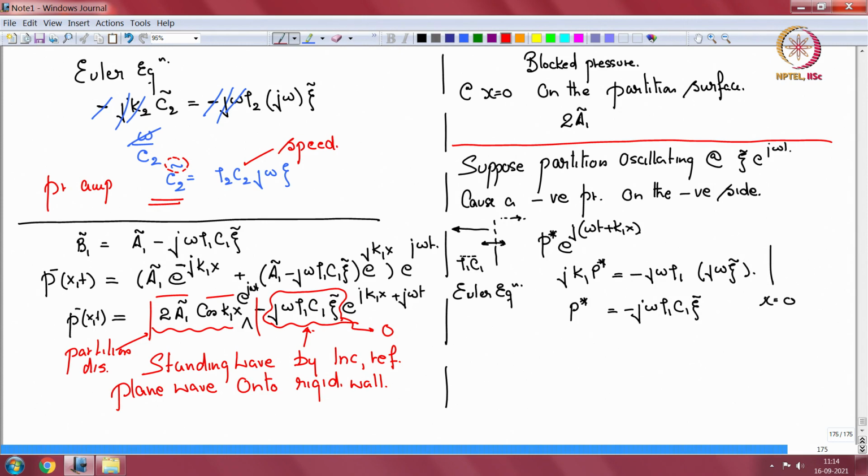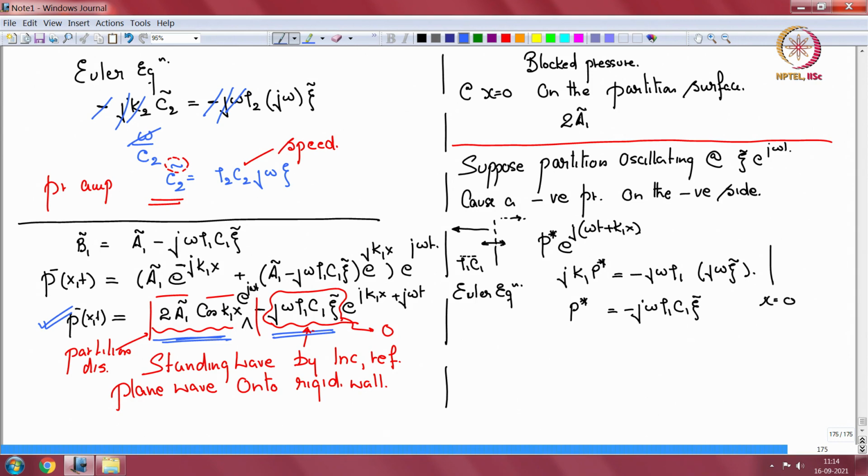So this expression, now it's worth looking at. This expression P minus involves a pressure term which is the blocked pressure, which can be set due to the rigidness of the partition. On top of it there is a pressure moving leftward due to the oscillation of the partition. So these are the two terms over there. Okay.